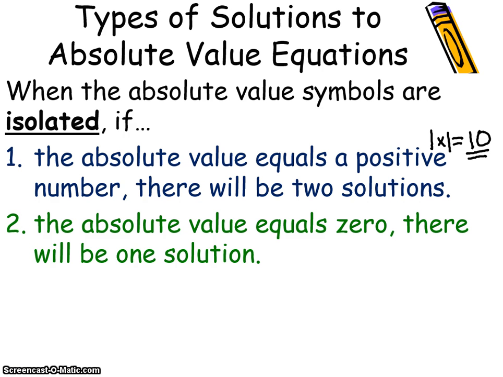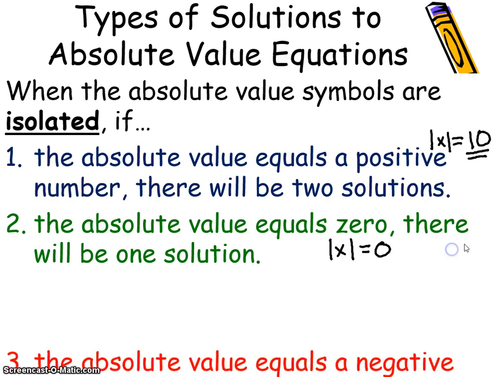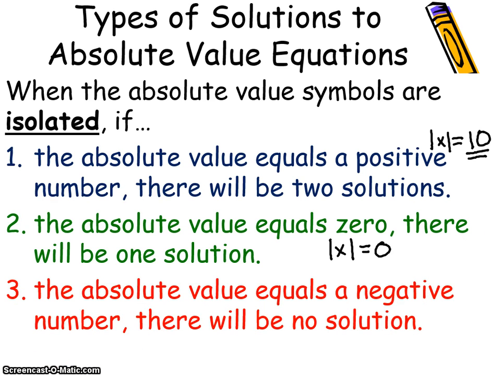If the absolute value equals 0, there will be one solution. So for instance, if the absolute value of an amount is equal to 0, you will know that there will be one solution. And last, if the absolute value equals a negative number, there will be no solution. So if you see your absolute value symbols and what's inside, which can be more than one term, equal to a negative number like negative 2, you will know that there is no solution because distance cannot be negative.